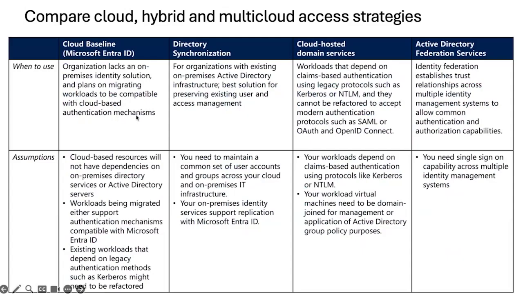In this case, you will have a pure cloud environment for the Entra identity system. But if you have an existing on-prem Active Directory, you should plan for directory synchronization. Also, if you are migrating a workload that depends on claims-based authentication, NTLM, Kerberos, or legacy protocols, we can go for cloud-hosted domain services.